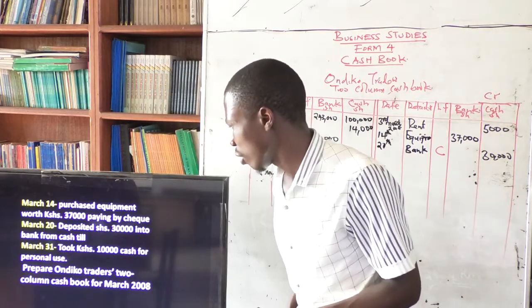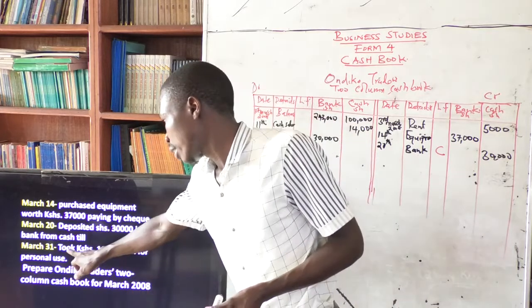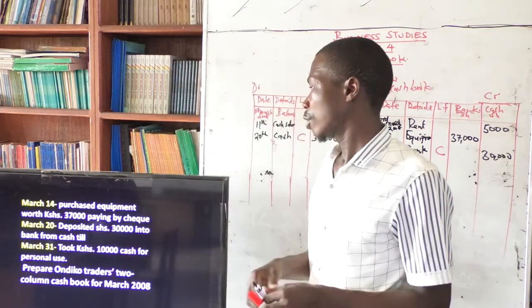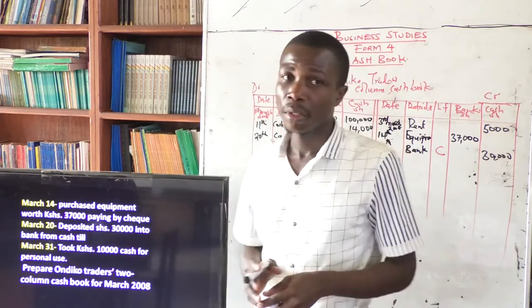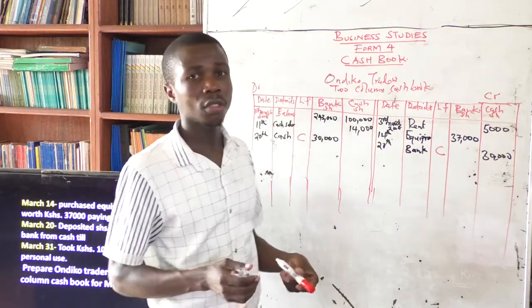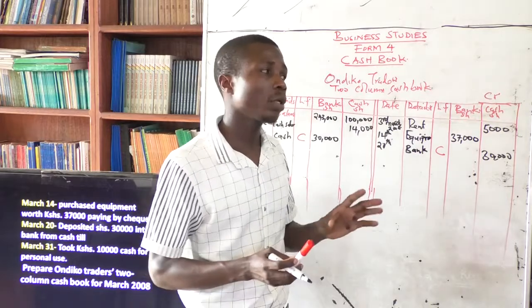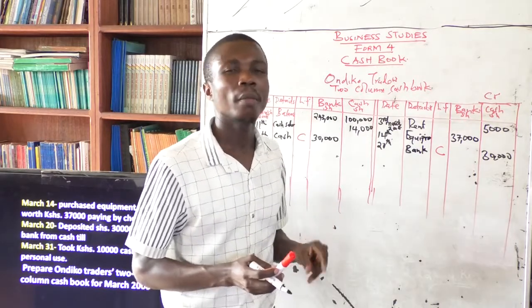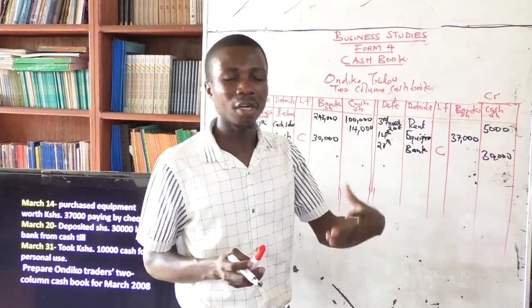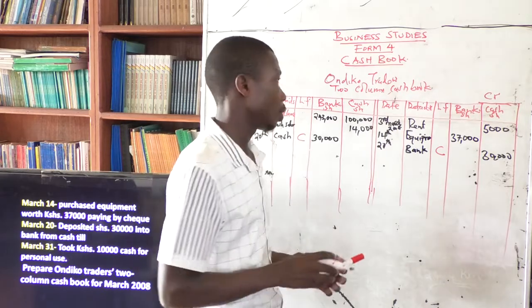Then, without wasting much time, the next was on 31st. Took cash 10,000 for personal use. So when the owner, that's your Indico, took cash 10,000 for personal use, that means that it's only going to reduce money at the cash, or cash in hand, and that is known as withdrawal.